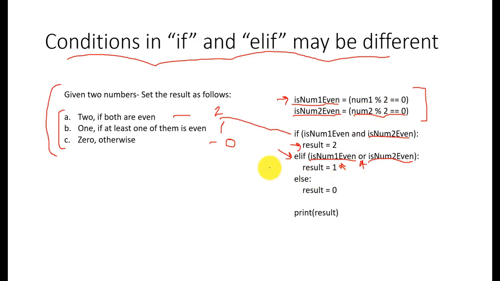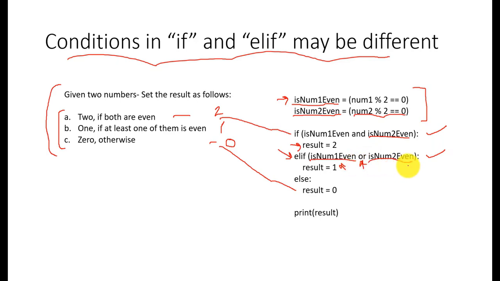However, if both are not true, that means both the given numbers are odd, then we execute this third block, which is the else block, result is equal to 0. And here you notice that the conditions in these parts are not the same.